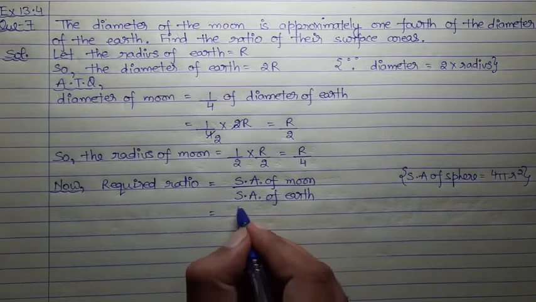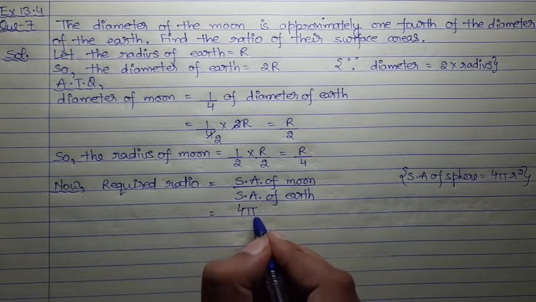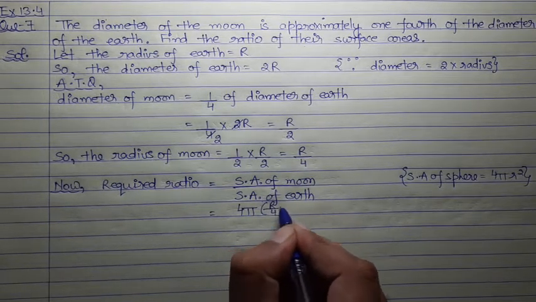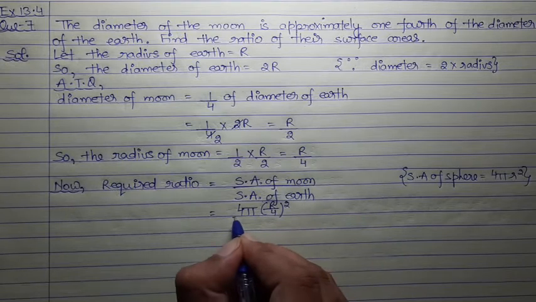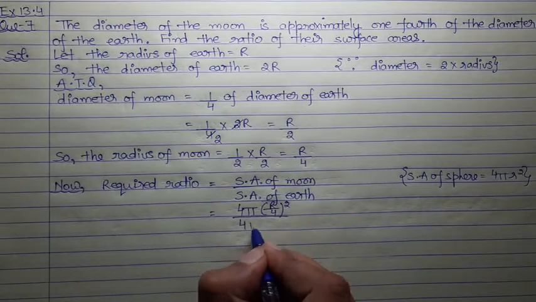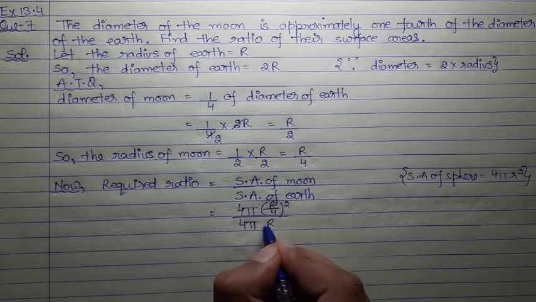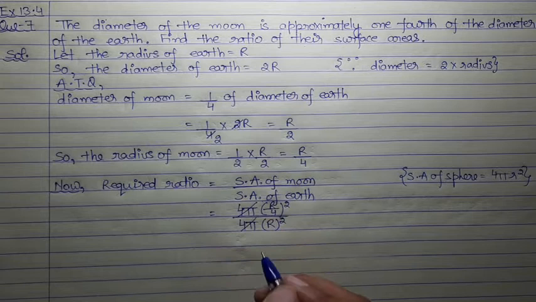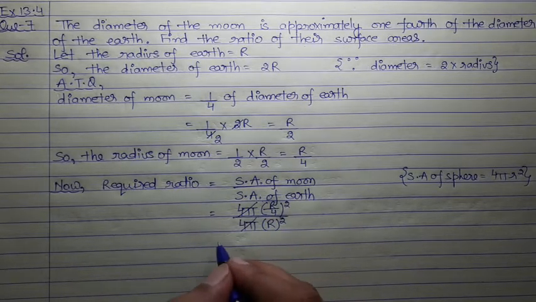Surface area of moon is 4 pi and here r is capital R over 4 raised to power 2. Similarly, surface area of earth is 4 pi and r is capital R here raised to power 2. 4 pi will be cancelled out.